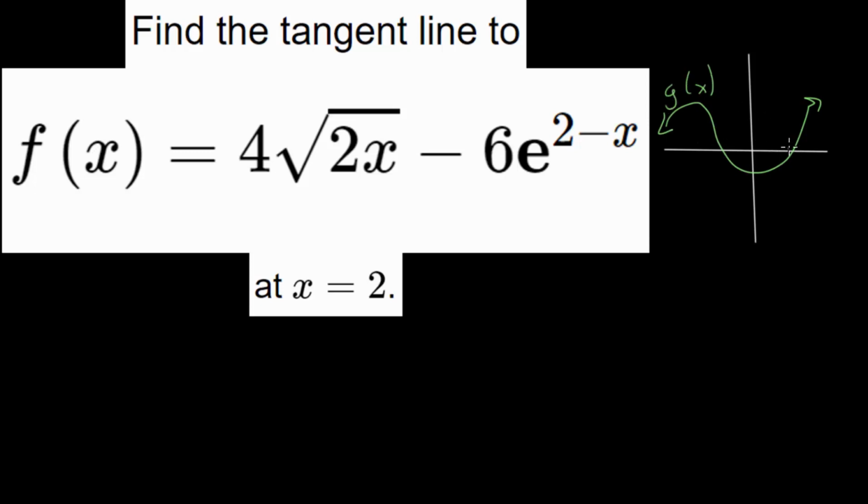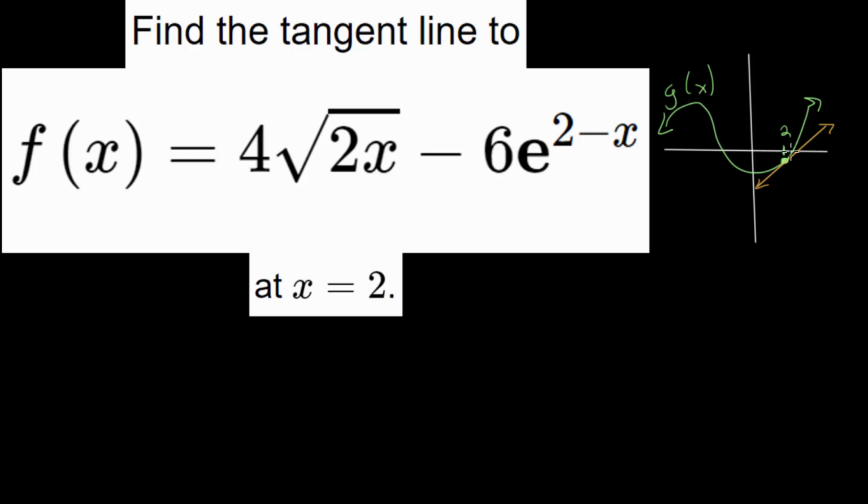If we want to know the tangent line at an x value of 2 for this function, we're looking at this point on the function, and we want a line that is tangent to that, something like that. We want to know the equation of this line.